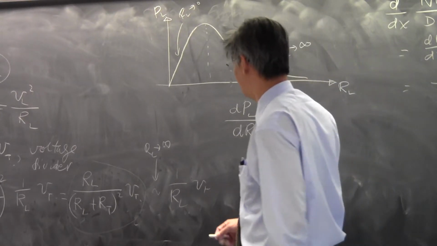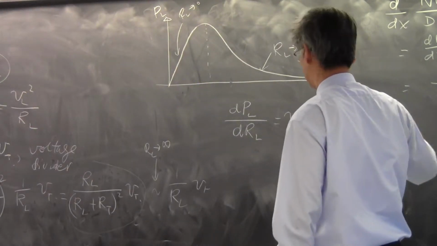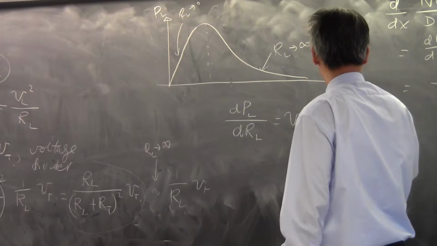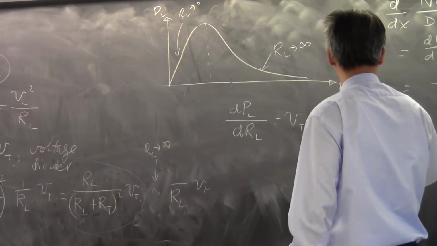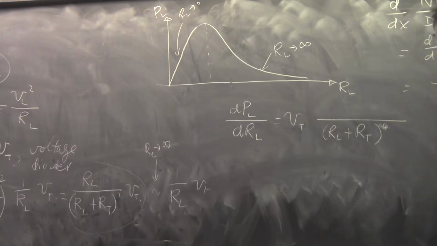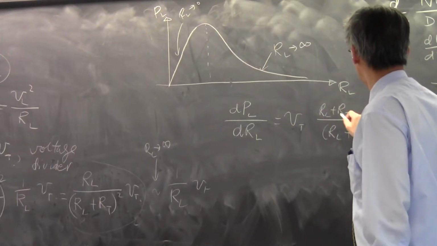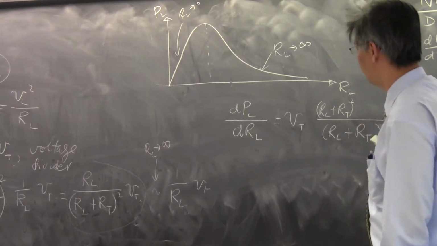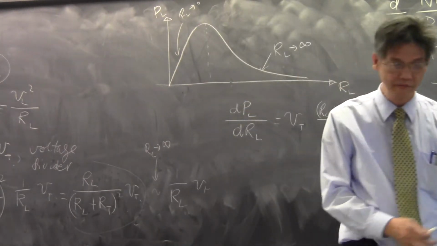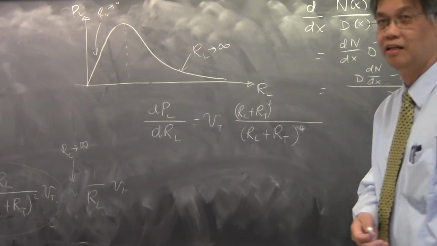So I should have the denominator squared in the denominator, which means that I have RT to the power 4 in the denominator. And then I should have the denominator times the differentiation of the numerator. So it should be RL plus RT. This is the denominator. And when I differentiate the numerator with respect to the variable R sub L, what do I get? 1, right?